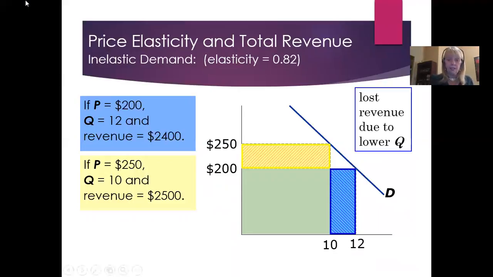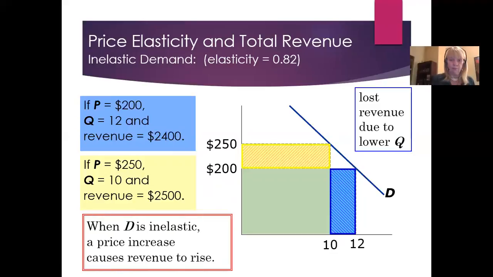And so 10 times 250 is $2,500. We actually increased our total revenue because demand is inelastic. Elasticity is less than 1, demand is inelastic, indicating that price is increasing faster than quantity is decreasing. That's going to give you an increase in total revenue.